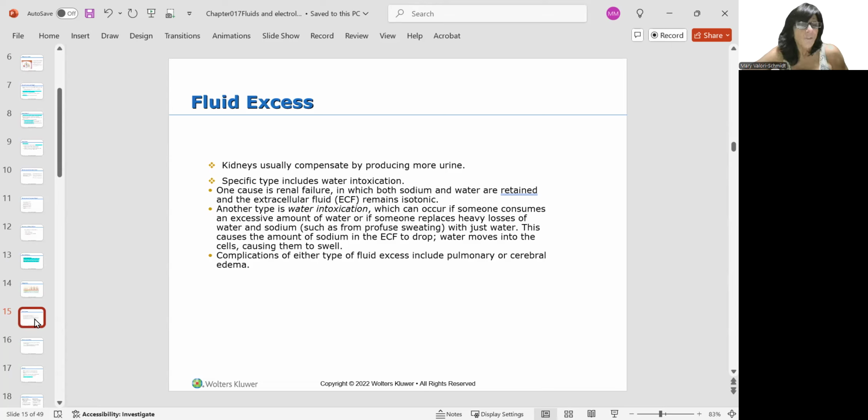So with water intoxication, if you are consuming a huge, excessive amount of water, or if you're losing fluid, heavy losses of water and sodium, and you just replace it with water, what's going to happen is the amount of sodium in your extracellular fluid is going to go down, and osmosis is going to make the fluid move into the cells. The cells are going to explode, and then you are going to die.